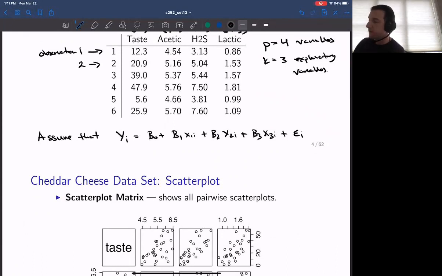So we are assuming that the response variable and each explanatory variable have a linear relationship. That would be the same as the first assumption that we used in the SLR case.